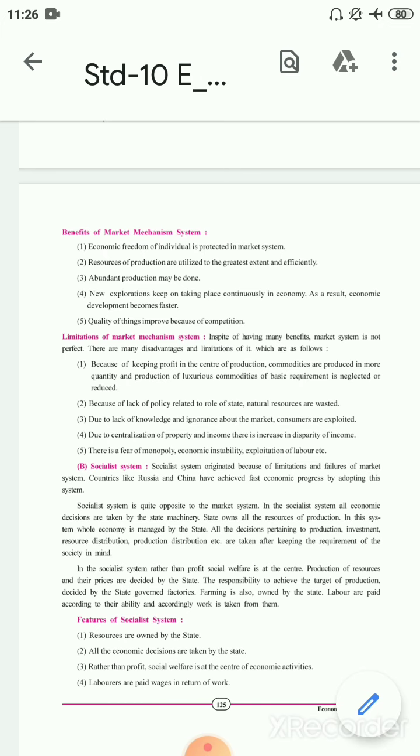That's why these systems are opposite to each other. In market system, profit is at the center, whereas in the socialist system, social welfare is at the center. The production of resources and their prices are decided by the state and not the producer or the entrepreneur. The responsibility to achieve the target of production is also decided by the state governed factories.